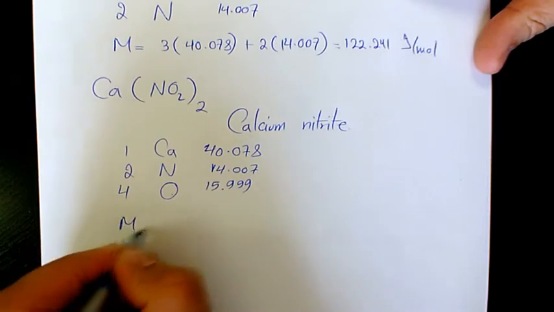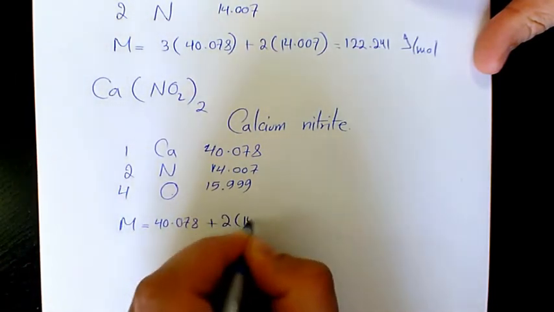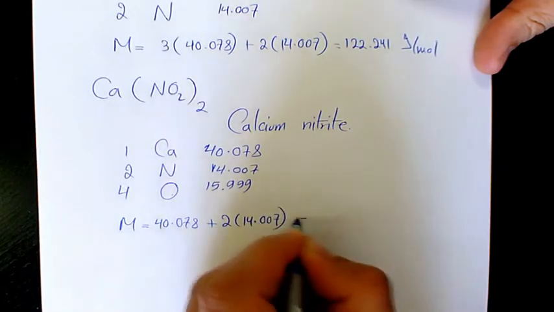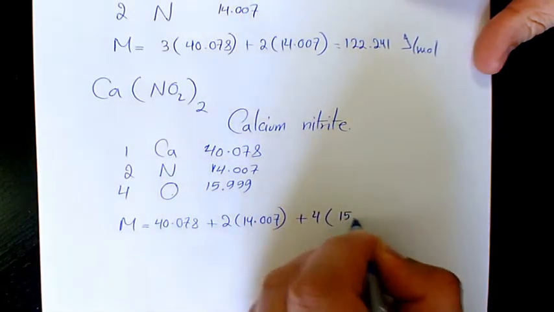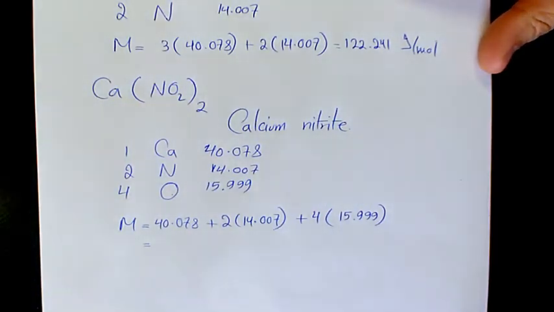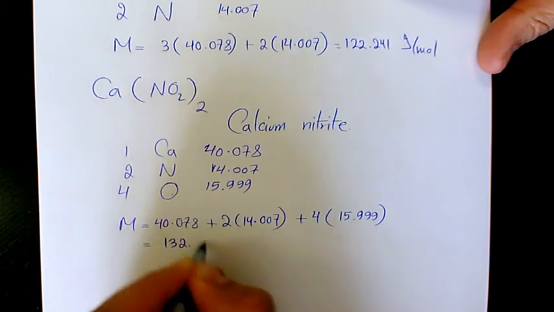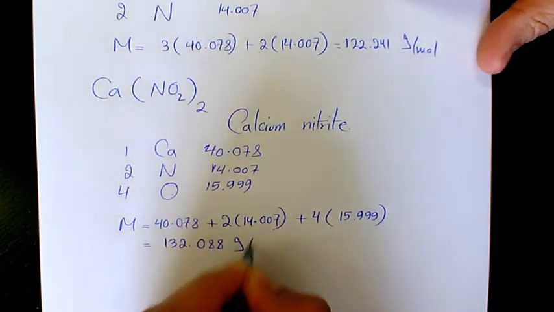So molar mass is going to be 40.078 plus 2 times 14.007 plus 4 times 15.999. That's going to give me 132.088 grams per mole.